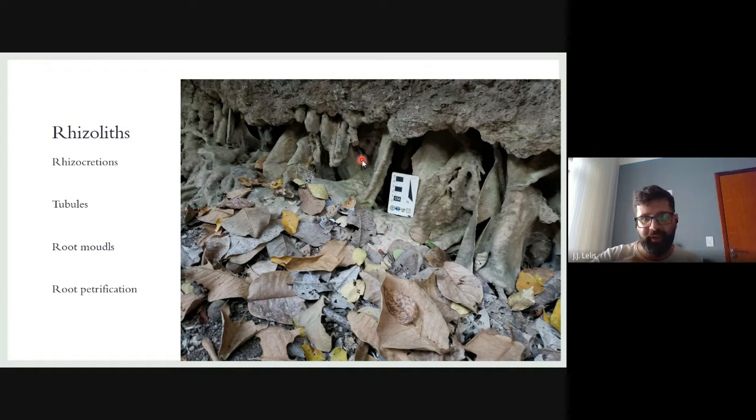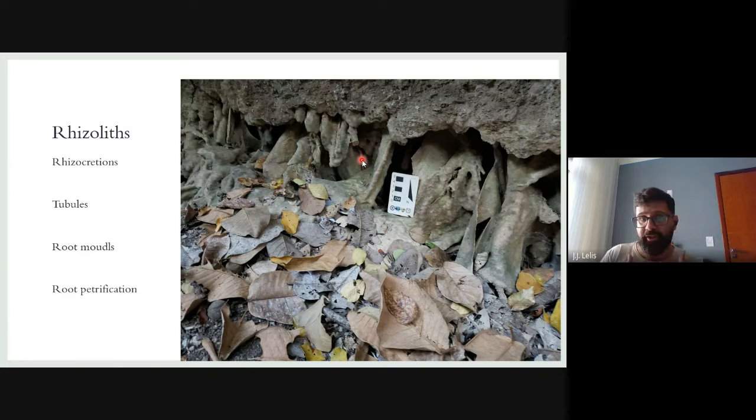All the organic material that composed the root was weathered, was destroyed, and all the void formed by the destruction of the root was filled by calcium carbonate. So we have some features that look like roots, but they are not roots anymore. They are only rhizoconcretions or rhizoliths.